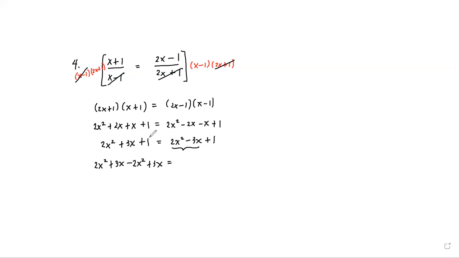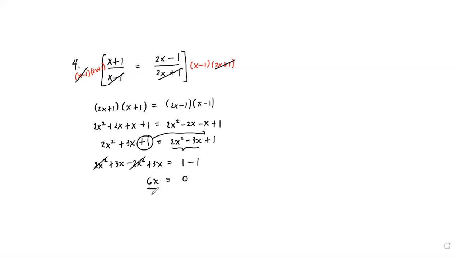And then transposing this positive 1 to the other side, we will get 1 minus 1. So combining like terms on the left side, 2x squared minus 2x squared will cancel out. 3x plus 3x is 6x. But 1 minus 1 is 0.